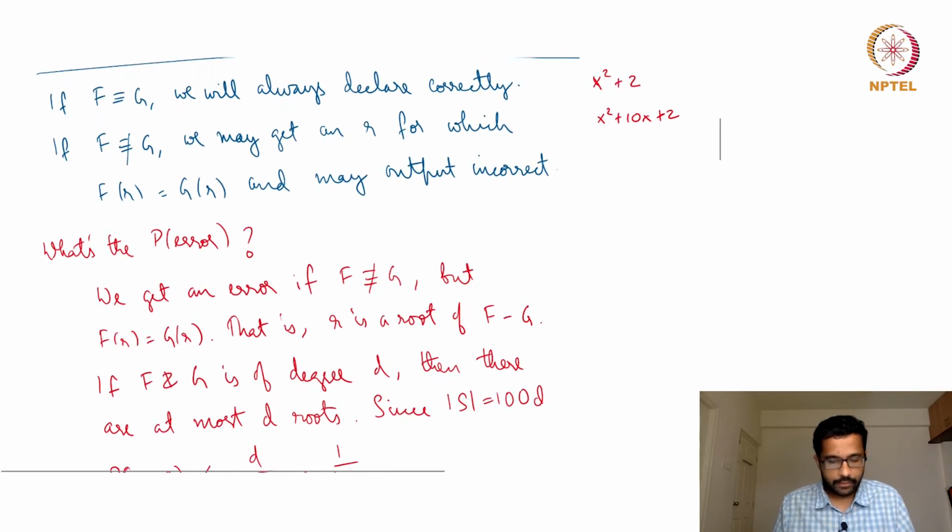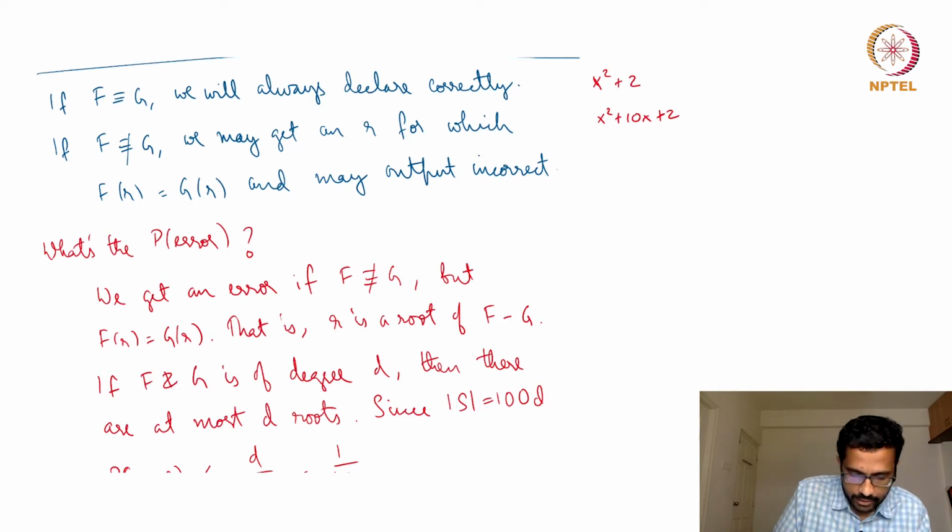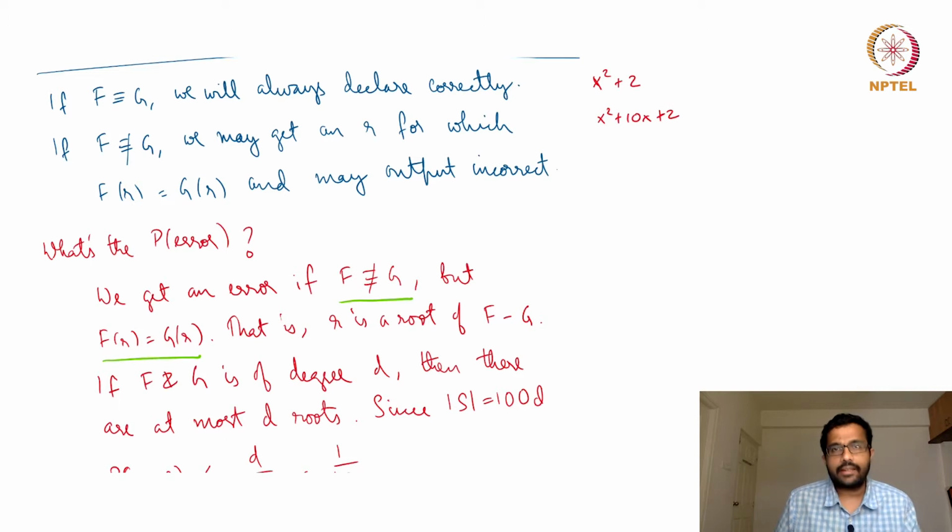So what is the probability of error? The probability of error happens only when f is not equal to g, or f and g are different polynomials. When f and g are the same polynomial, there is no error. But the error happens when f and g are not equal, but f(r) and g(r) are the same. And this happens when r is a root of the difference polynomial, f minus g.